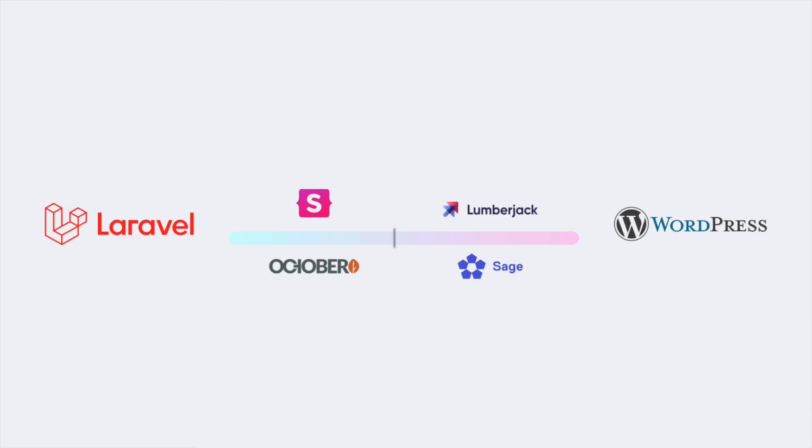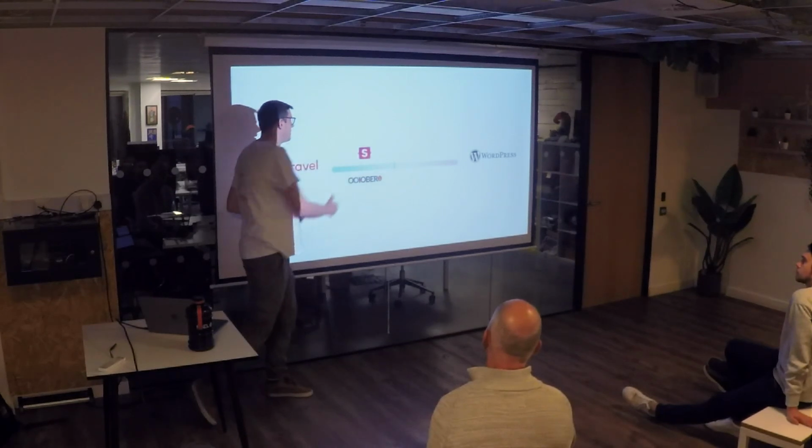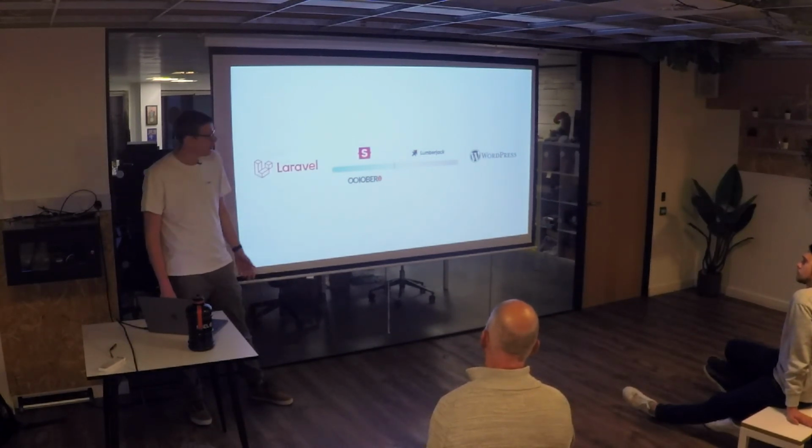That said, there are lots of tools, Statamic, October CMS, that bridge this gap a little bit, and for projects that sit in between here, there are options. Lumberjack is our MVC WordPress framework that we use. It's heavily inspired by Laravel, so we've got containers and routing and stuff in there. Same with Sage, it's a very popular MVC WordPress theme as well.